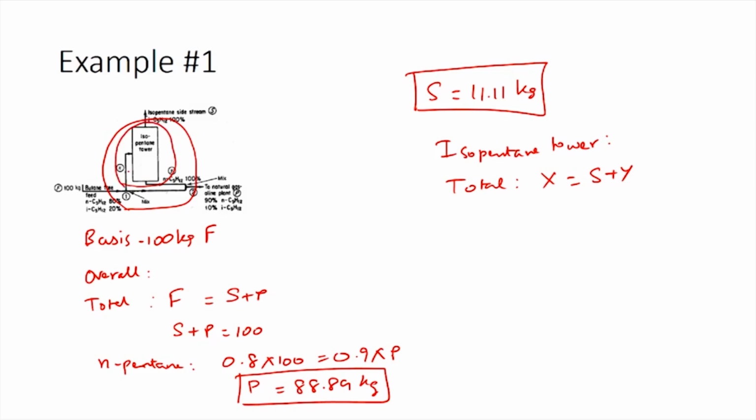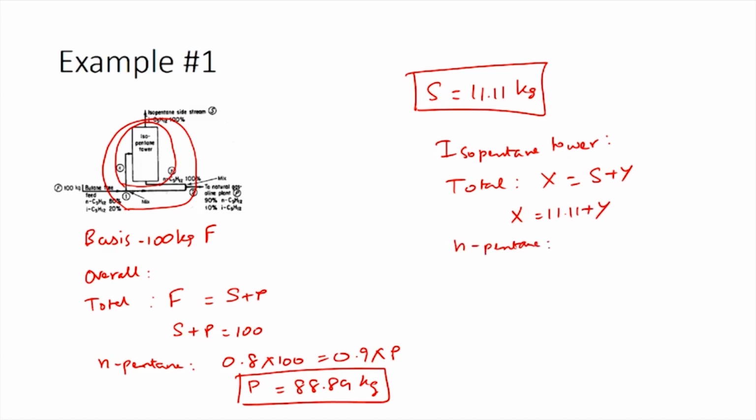We have x entering, S is the side stream which is leaving, and you also have y which is the N-pentane which is leaving the tower. So, this would be x equals S plus y, and we already know S is 11.11. This gives you x equals 11.11 plus y. You can also write an N-pentane balance.